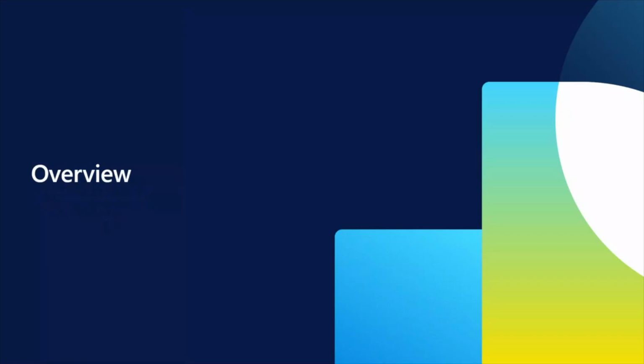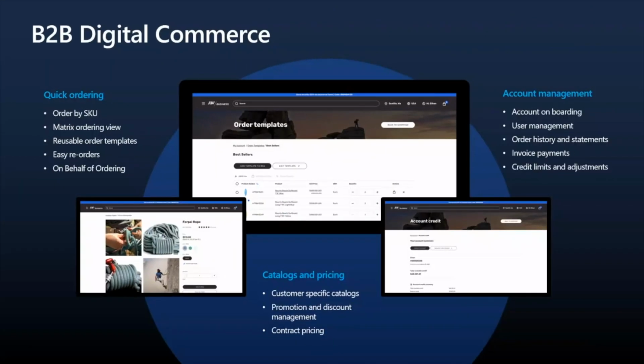Let's do a quick overview. We want to provide you the high-level capabilities which B2B digital commerce provides. We have covered this in detail in our last Tech Talk. Microsoft Dynamics Commerce provides a comprehensive suite of features for B2B commerce sites. These features are designed to optimize the workflow of B2B users and provide a seamless, personalized experience.